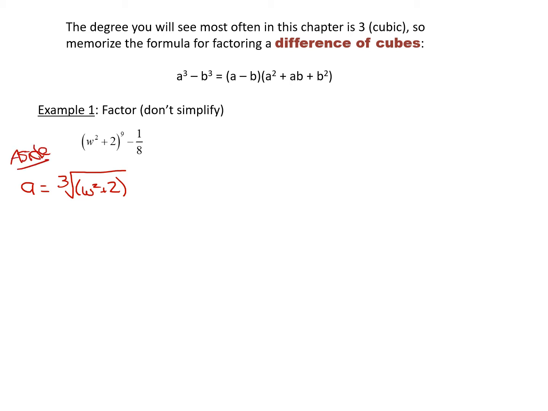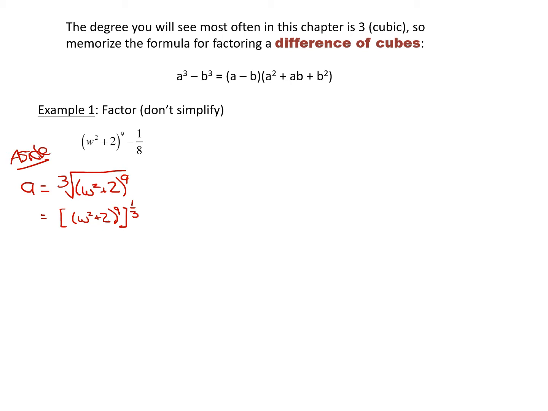So the third root of w squared plus 2 to the power of 9. Remember that's the same as writing the square bracket w squared plus 2 to the power of 9, all to the power of 1/3. So that's the same as a cube root.